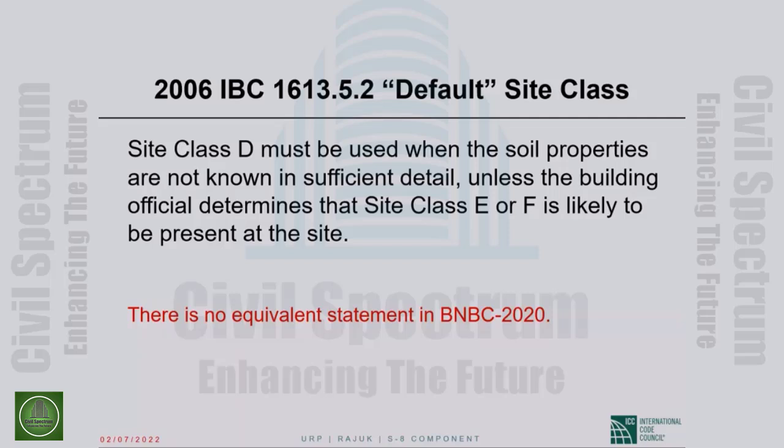ASCE 7 makes it very clear that there is no clear equivalence among these properties, that if based on shear wave velocity, a site turns out to be C, based on standard penetration resistance, the same site may turn out to be D. There is no equivalence.